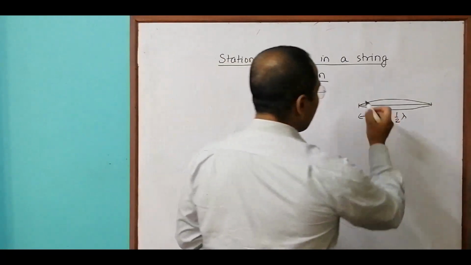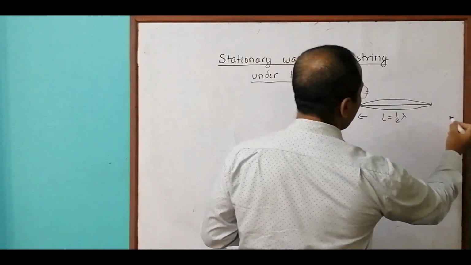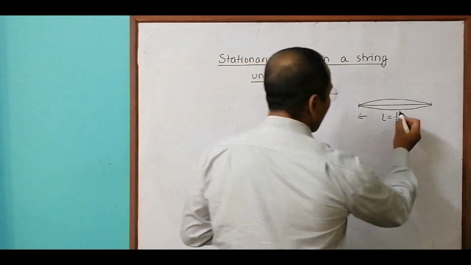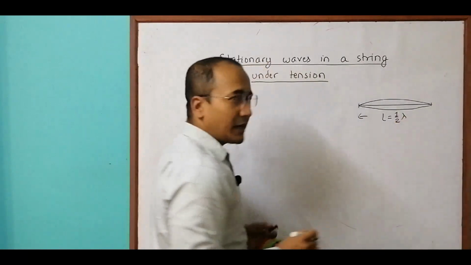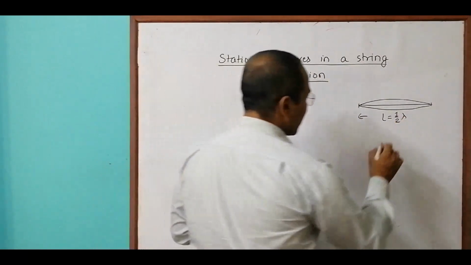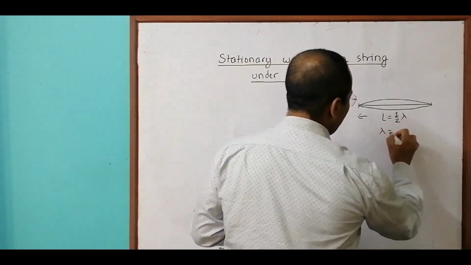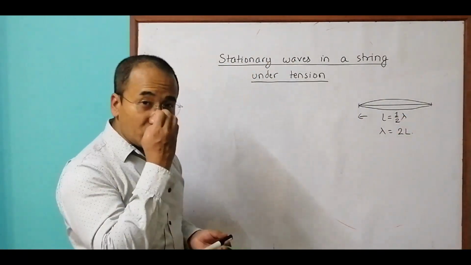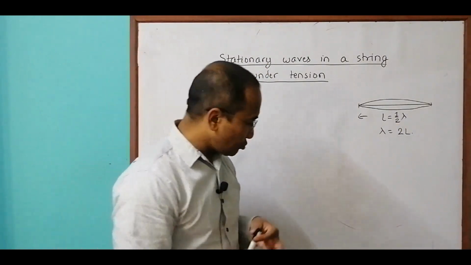Why half? Because it is only half of the wave. If it extends like this, it will make a complete wave. So it is 1/2 lambda at this time, and lambda is equal to 2L here. So the lambda of the wave formed is twice the length of this thing.